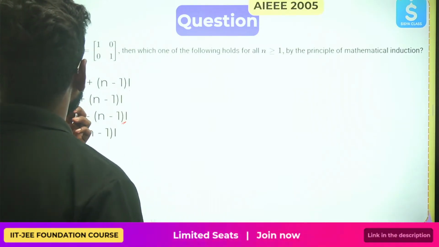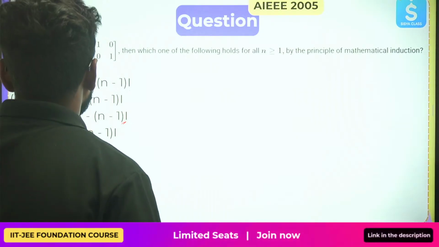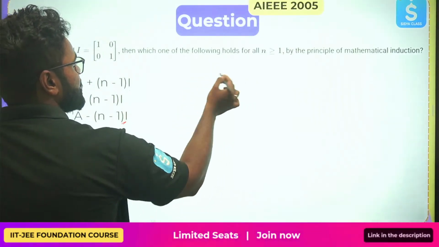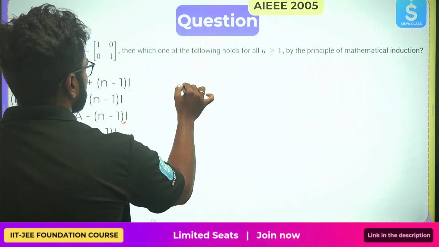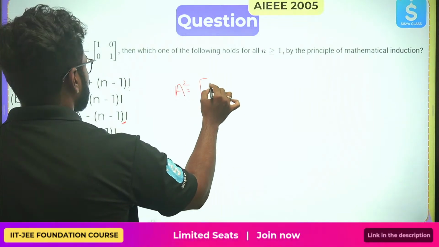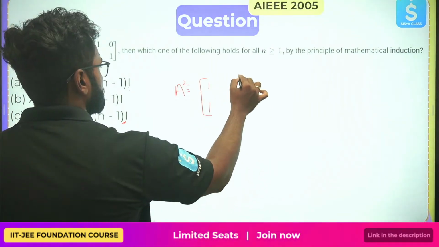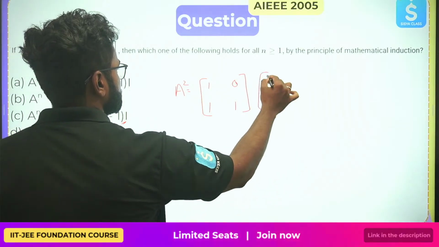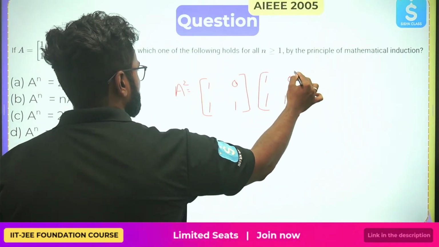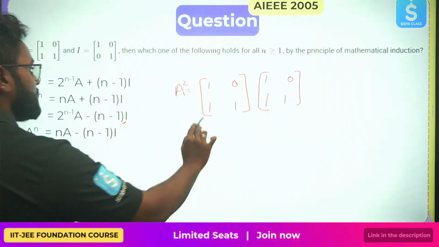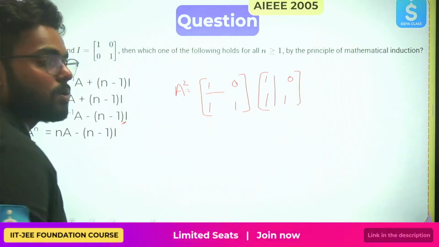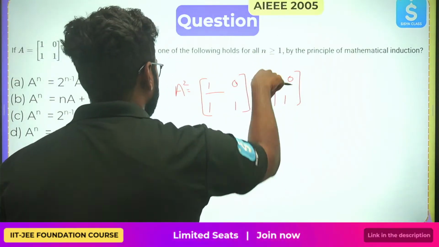First step, I'll take the value of A square, for n greater than 1. We have done this, right? Multiplying [1 0; 1 1] with itself. If I do it by row and column, I'll be multiplying the row 1, 0 with the vertical column.